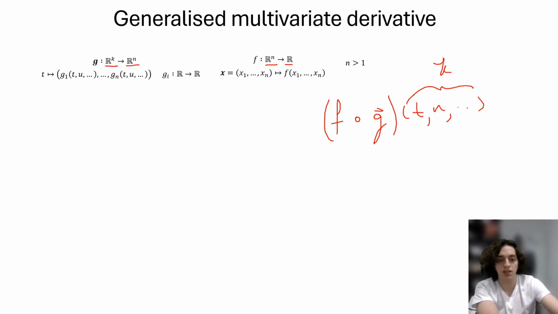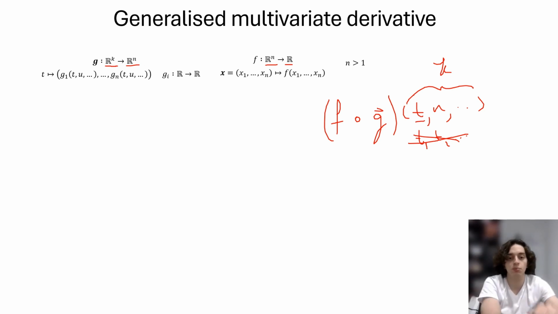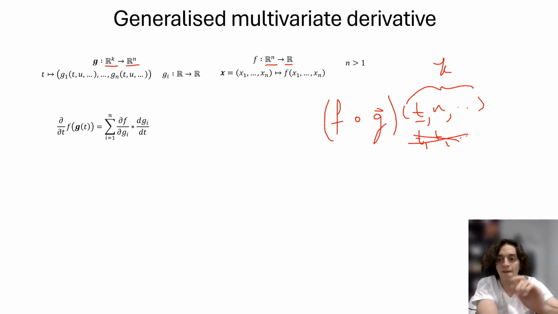I could denote these by t1, t2, but just for brevity, because I'm only going to consider the partial with respect to one of these, I'm just going to refer to that as t, and if I ever need to call on more of these inputs just to prove a point, I will name them with letters. That is just notation I will try to stick to because it cleans things up very nicely.